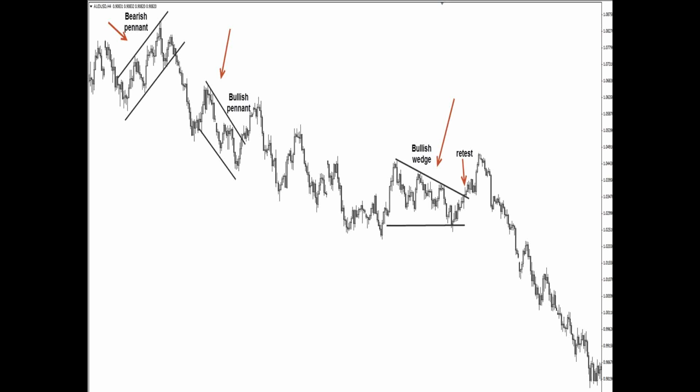And after that, we can see a bullish pennant. So we can see a bullish flag. You see, it is a downtrend, but if you spot a bullish pennant in a downtrend, that is a retracement. That will mean that the retracement will be bigger. So you will enter after the retest of the upper side.